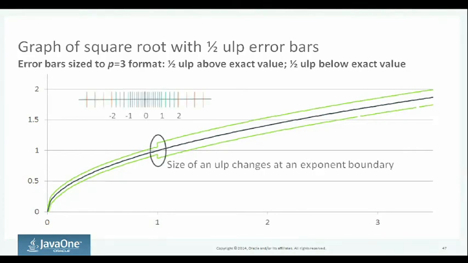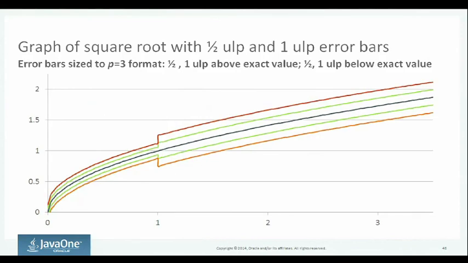Now, the size of a ULP changes at an exponent boundary, and here are the toy values from before. And then this is a ULP with a result. So we can see here when the result is less than 1, the ULP is smaller, so that corresponds to these narrow boundaries. And then when we go above 1, the distance between numbers doubles, so the size of the ULP doubles. That's why we have this jump up here.